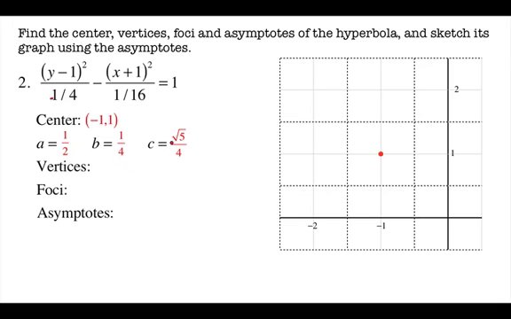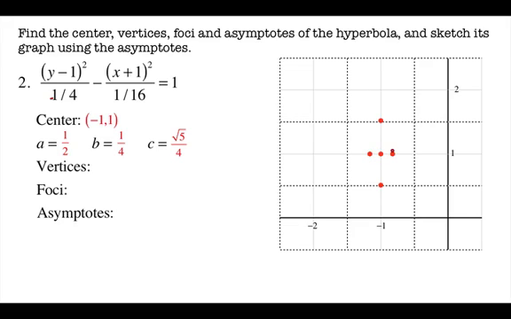And then how do I get the c? Using c squared equals a squared plus b squared. At this point, I actually come up with those coordinate values. How did I get these coordinate values? Again, from the center, I'm going to travel 1/4 to the right and 1/4 to the left.